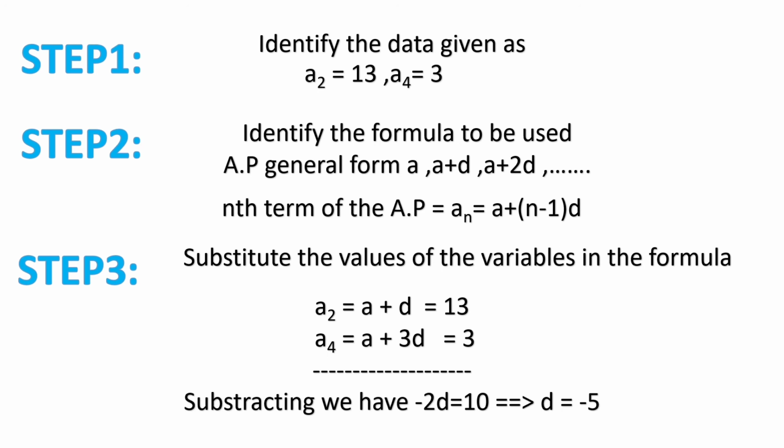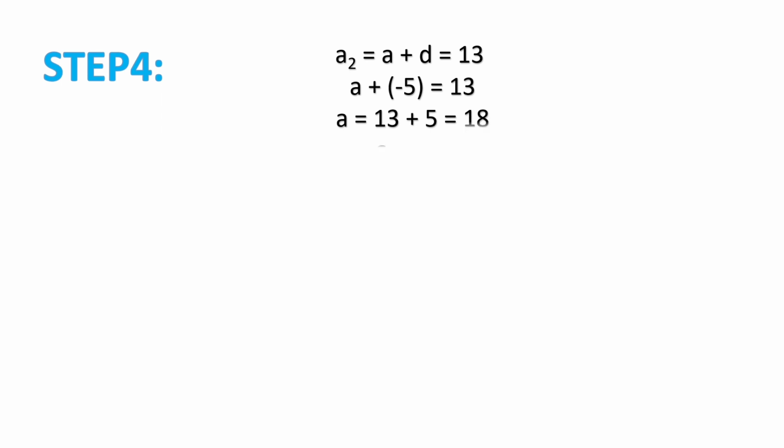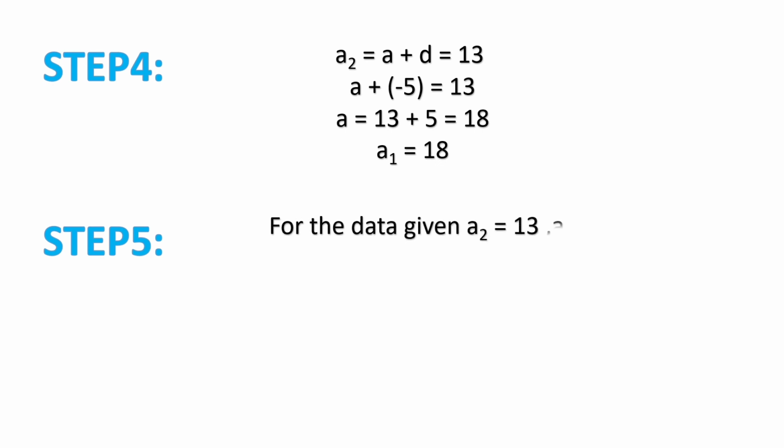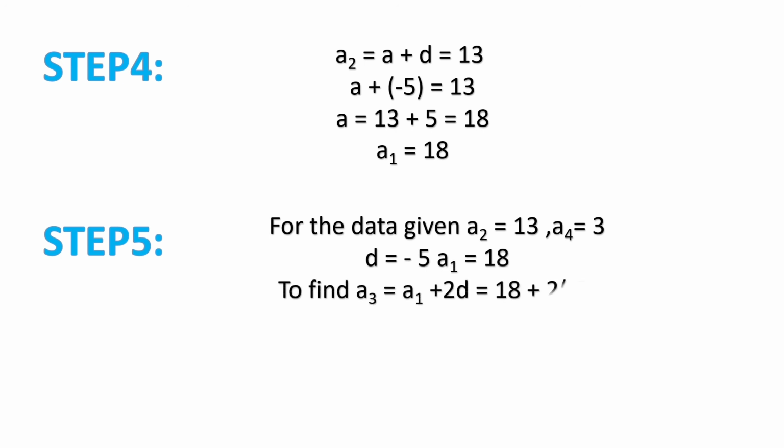Then subtract the equations. You have minus 2D is equal to 10. That is, A and A will get cancelled when you subtract equation 1 from 2. So then when you get the value of D as minus 5, you have to substitute the value of D in A2. That is, A plus D is equal to 13. In the place of D, when you substitute the value of minus 5, you get A1 as 18.